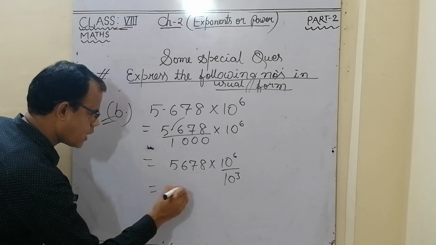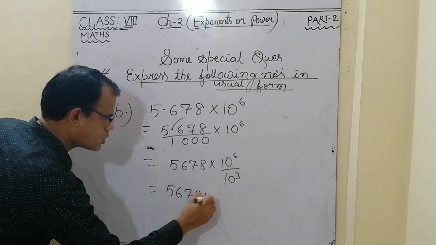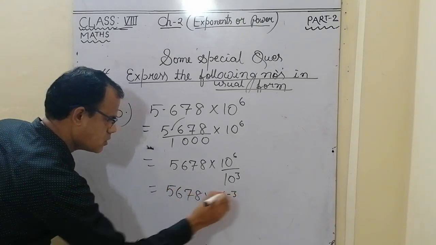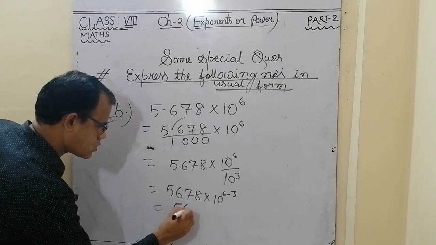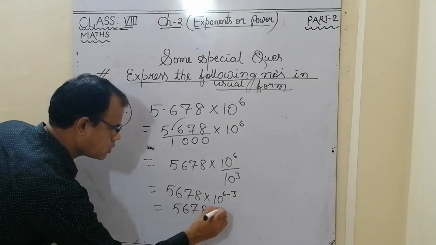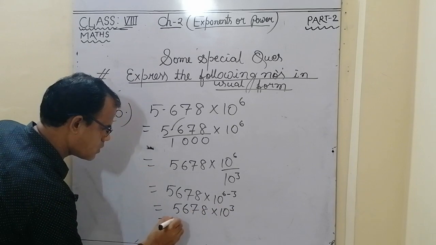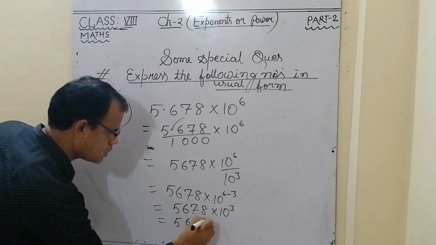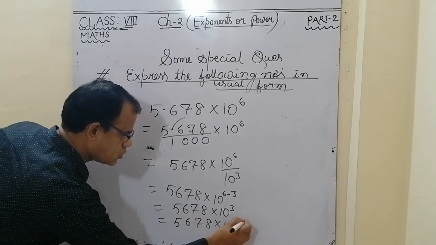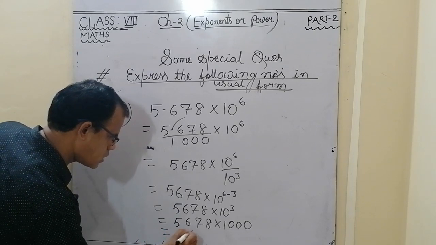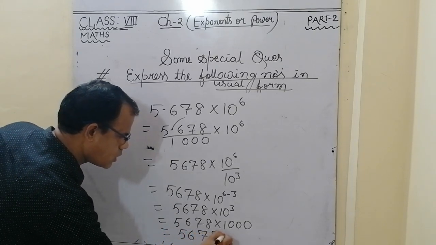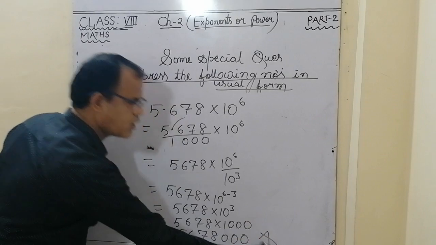So it becomes 5678 into 10 to the power 6 minus 3, 5678 into 10 to the power 3. So it becomes 5678 and 3 zeros, 5678000. This is the final answer.